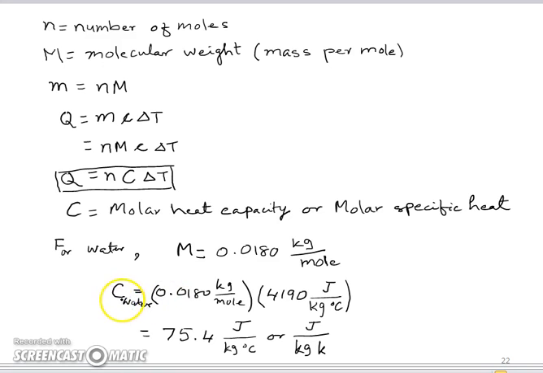So the molar heat capacity or molar specific heat of water is 75.4 joule per kilogram. No, kilogram cancels out, so it's not kilogram, it's joule per mole per degree Celsius. So the molar heat capacity of water is 75.4 joule per mole per degree Celsius, or joule per mole per Kelvin. All right, great.